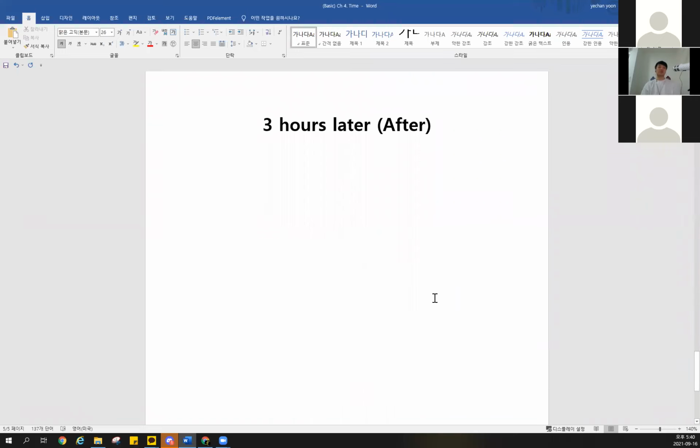Hours have to be counted with the native Korean. And what was the hours counting word? 시. And after was 후. Then if you combine it, what is it going to be? Please write down in the chat, please. How can you say 3 hours later?